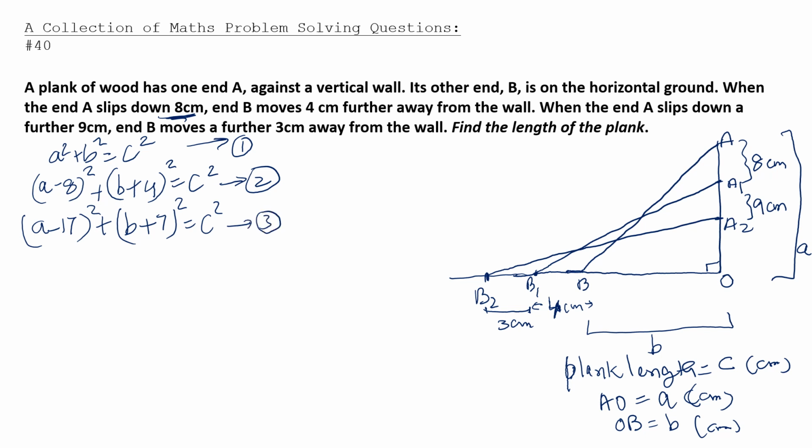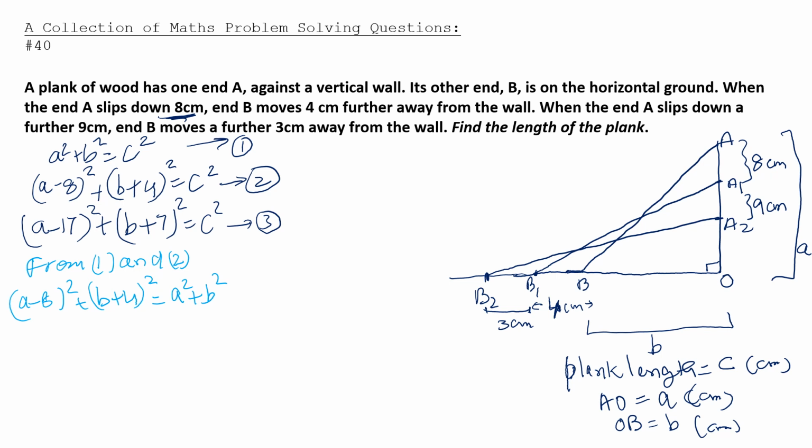Now from 1 and 2, instead of C square I can put A square plus B square.